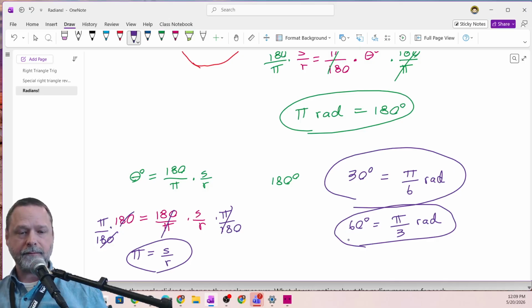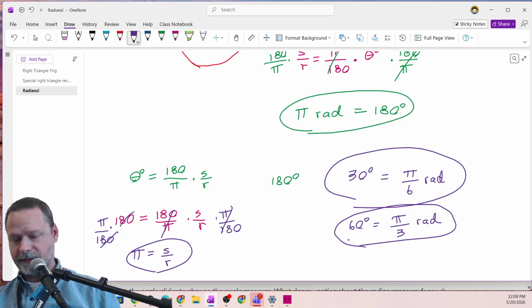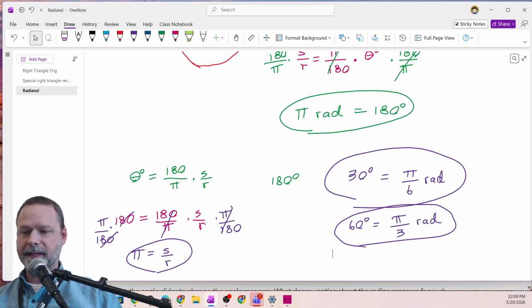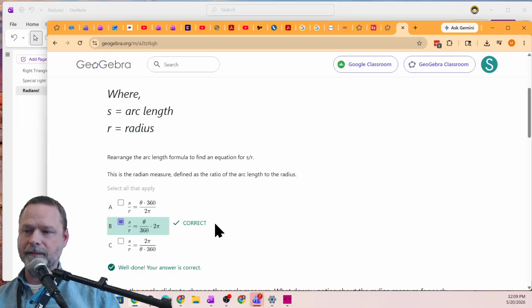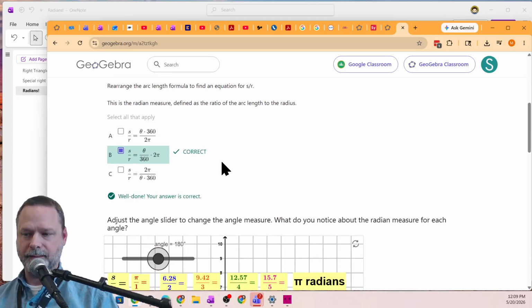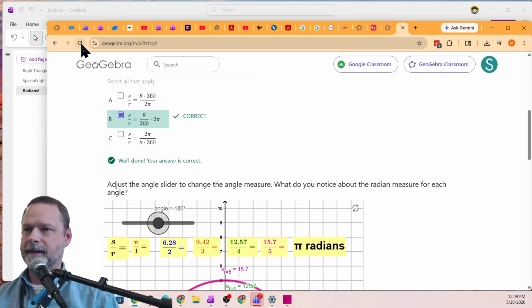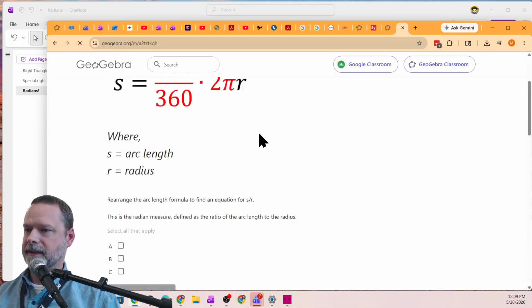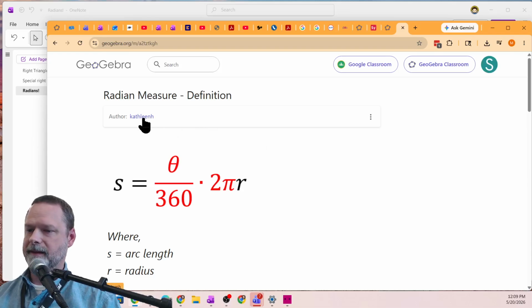Now that I talked about that thoroughly, I went overboard on that, let's take a look at some other ways to go about this that are more intuitive and less algebraic. Like I said here, we got this little demonstration that the GeoGebra user Kathleen H made that I love, or she copied from someone.